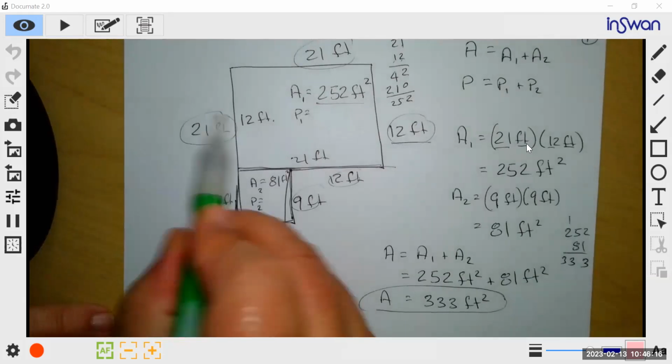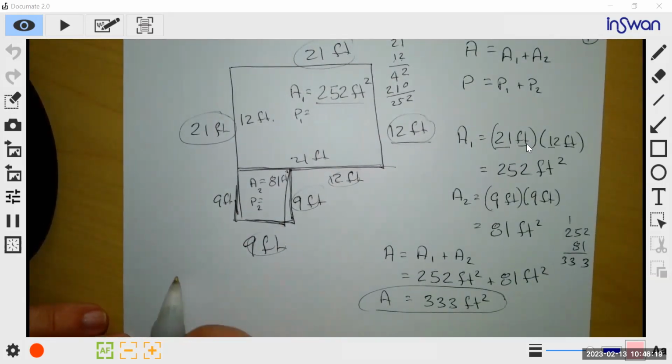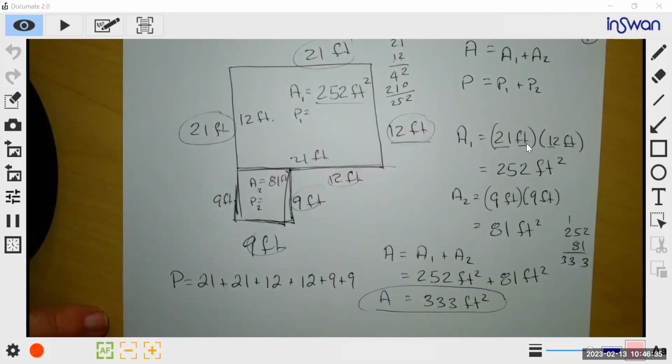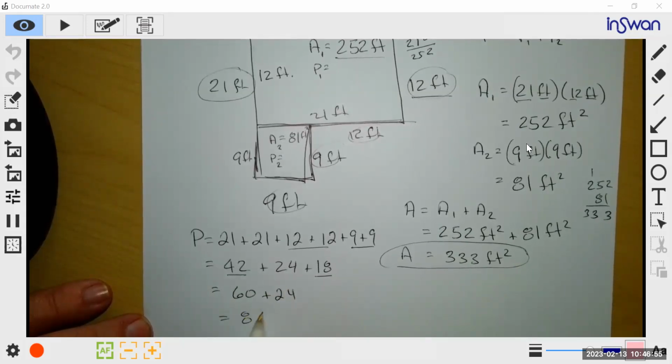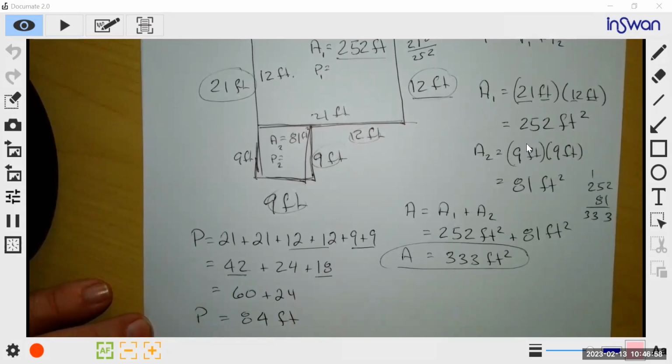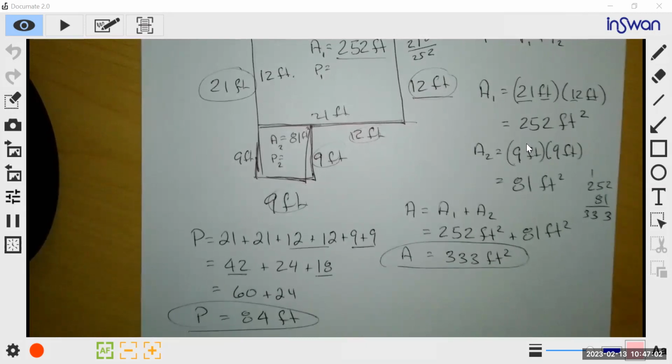Now, this whole length here is 21 feet. 42 plus 18 is 60. And the perimeter is 84 feet.